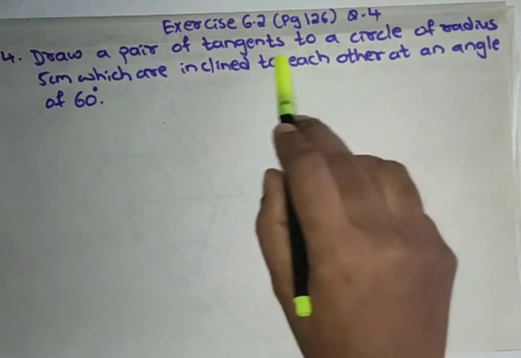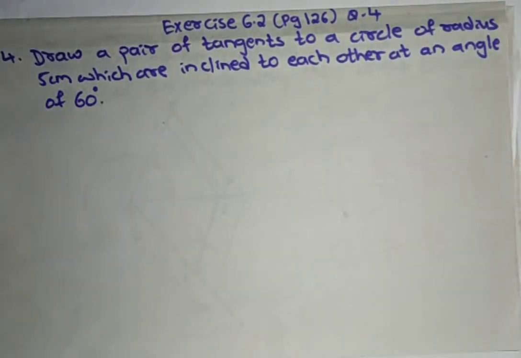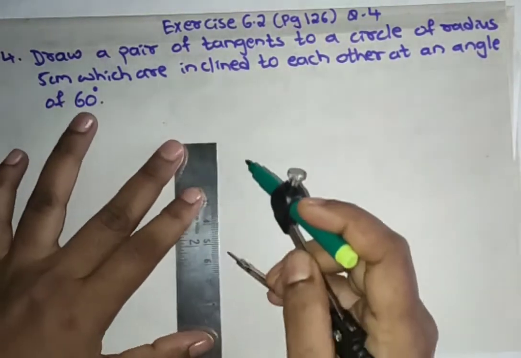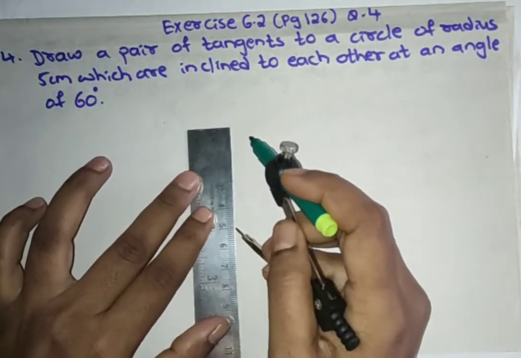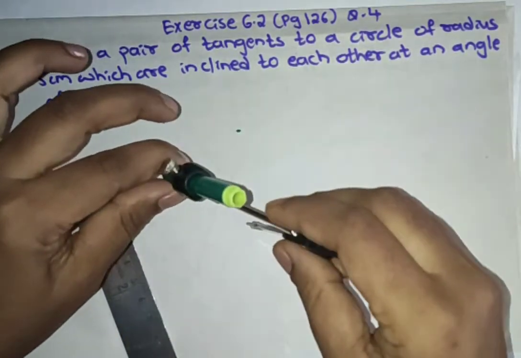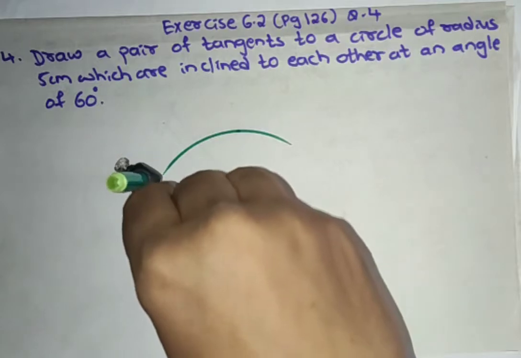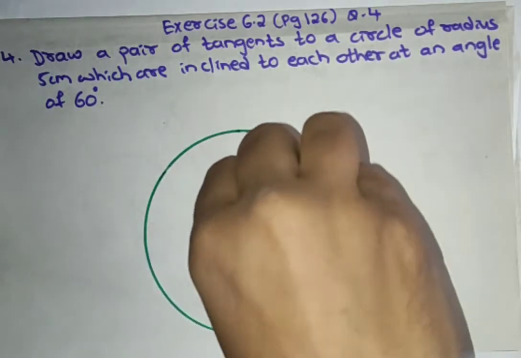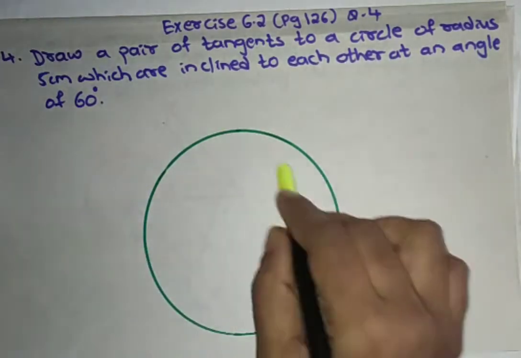Now we will construct a circle of radius 5 centimeter, students. Now we take 5 centimeter. The first step is drawing the 5 centimeter radius circle.